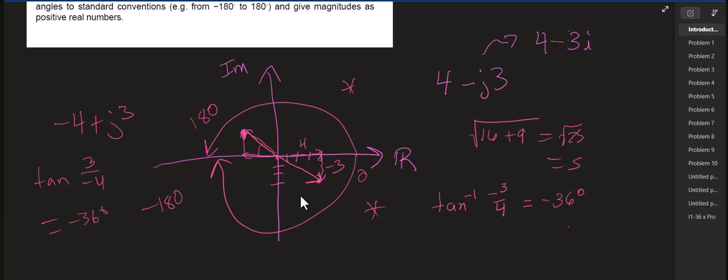Would that be correct for this point? No, you need to add 180. And so that's why it's important to be able to know what quadrant your complex number is in.